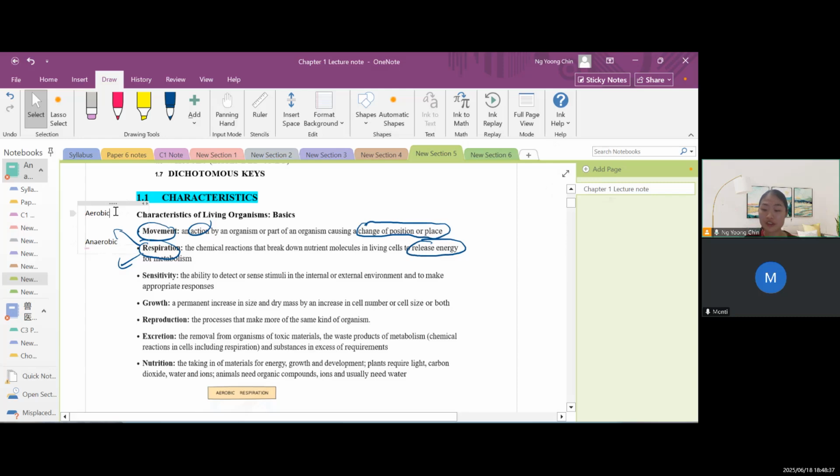Aerobic is with oxygen. It happens in all our body cells; we have to do aerobic respiration to get the energy. So anaerobic means without oxygen. Yes, you can write down: without oxygen.